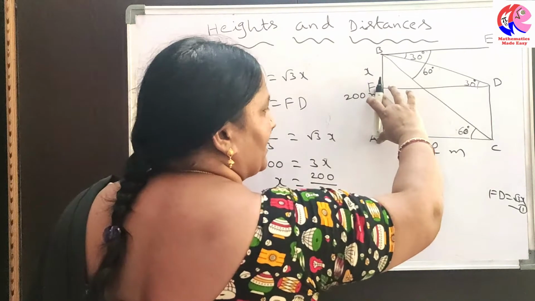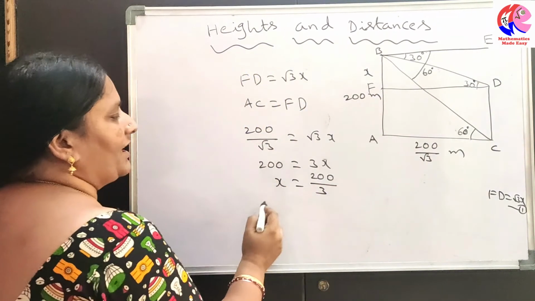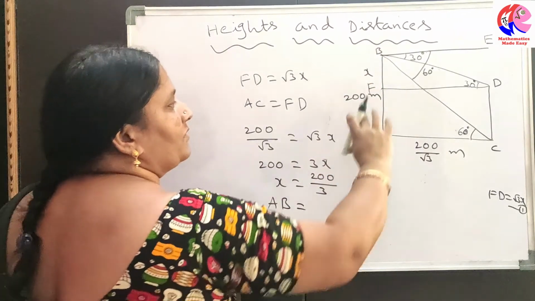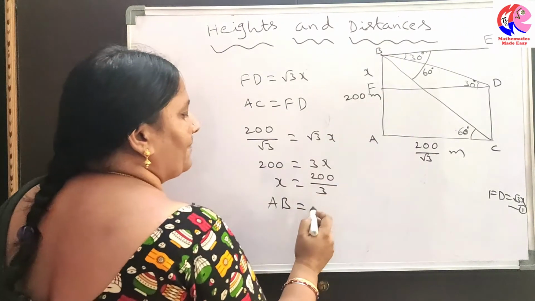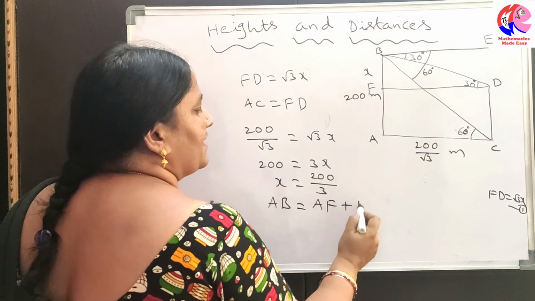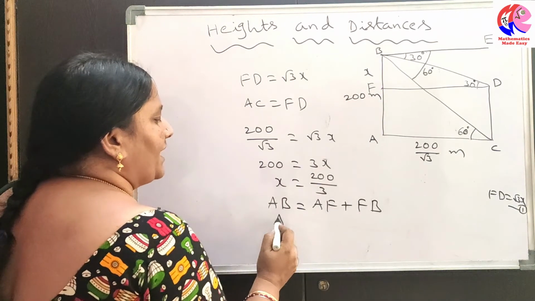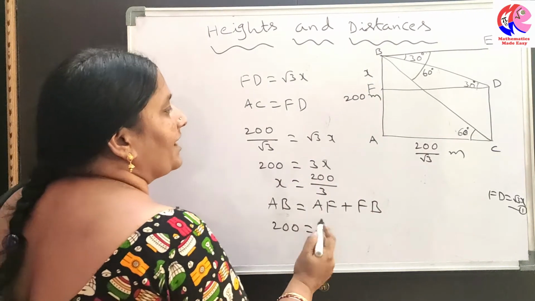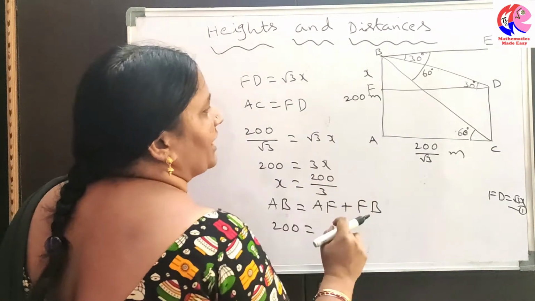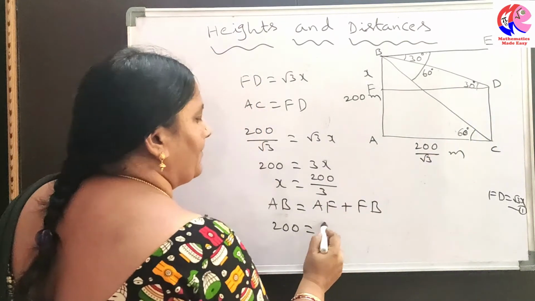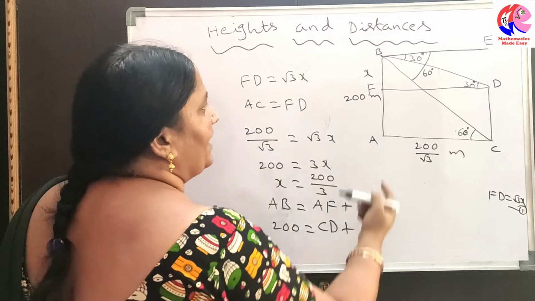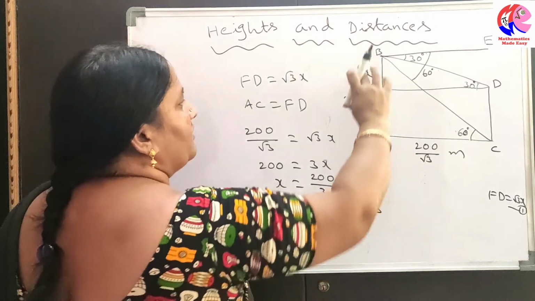But from this we can understand AF and CD both are equal. So AB can be written as AB is equal to AF plus FB. AB measure is height of the hill which is 200, equal to AF measure, nothing but CD which is height of a tower, plus FB. FB measure is equal to x.